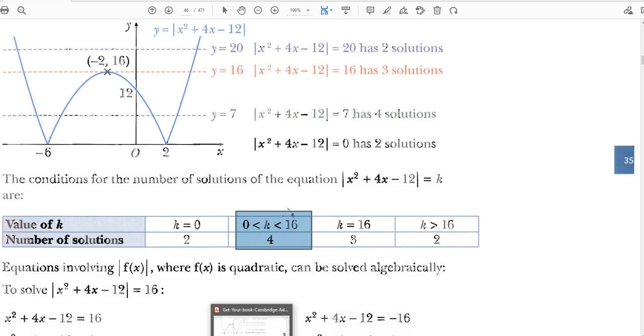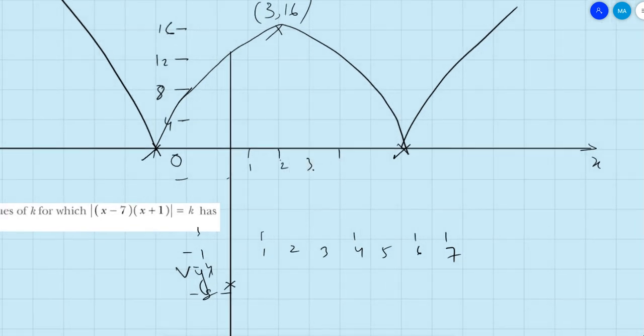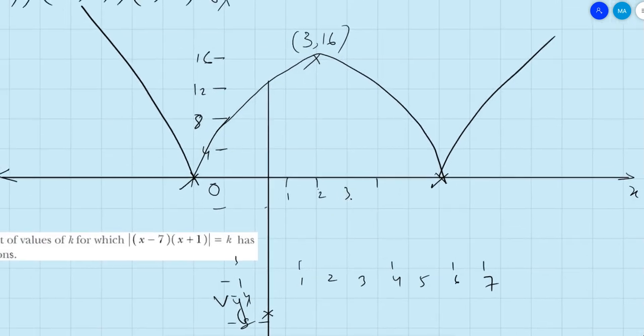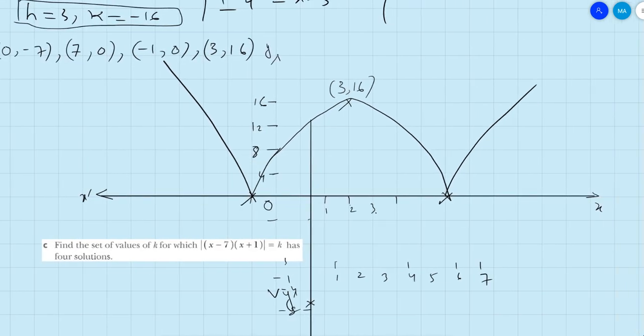Now, in our question, this point is also (3, 16). This is 1, 1, 2, and 3. Wait. So this point is 16. This one.